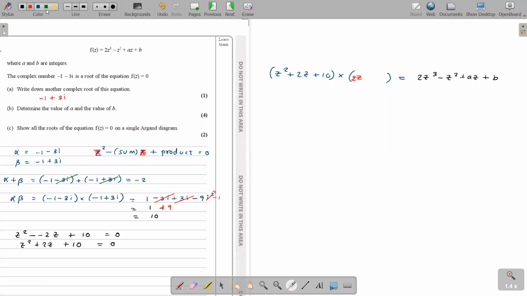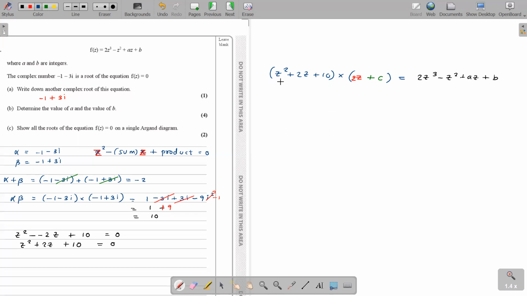So 2z, and what else do we need? Now the other term is the mystery here. They have used a and b here. Shall I use c here? 2z plus c, because there is some value here, but I can't figure out what that is. So what we'll do is something called comparing coefficients. Before we compare the coefficients, shall I expand the bracket?